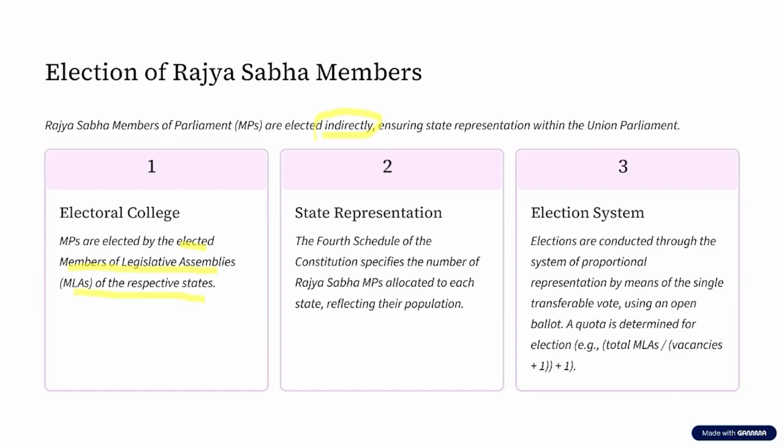For example, I am from the state of Karnataka. When there are assembly elections, I go and vote for the legislative assembly.